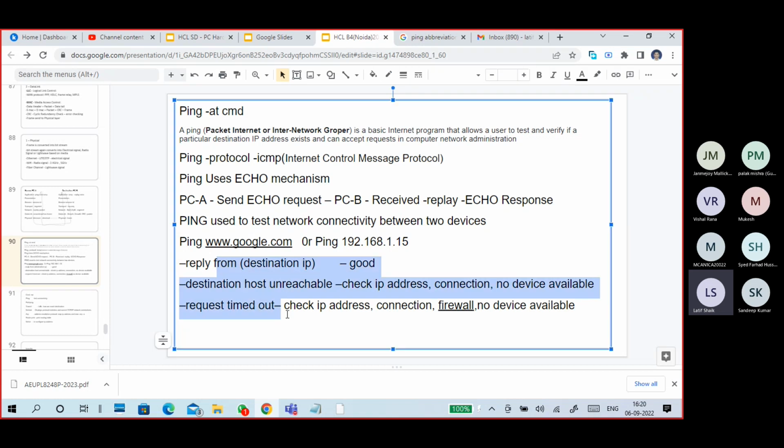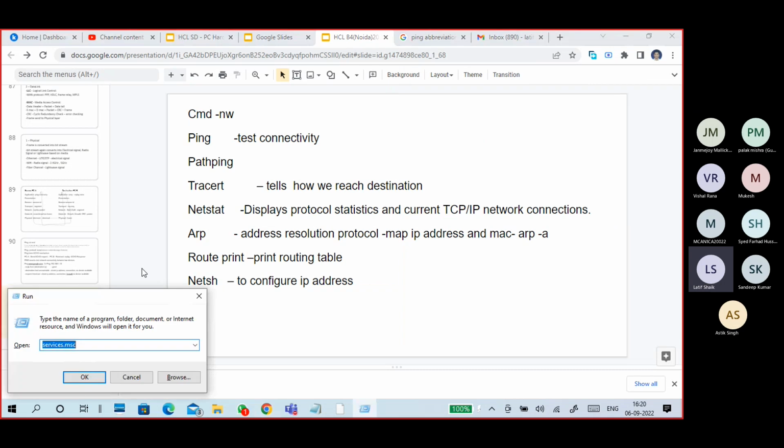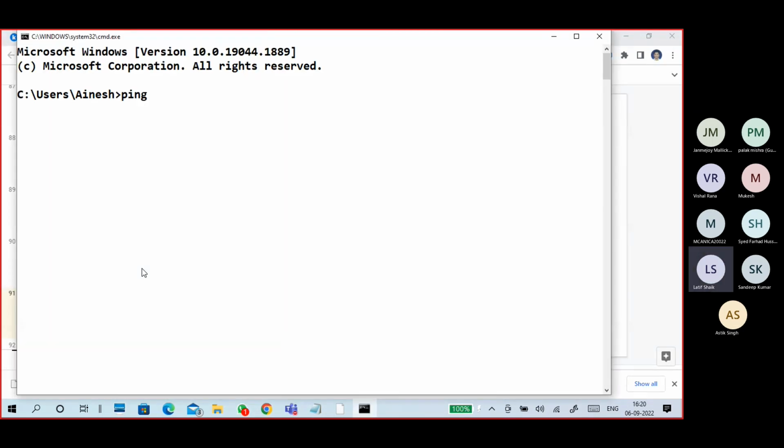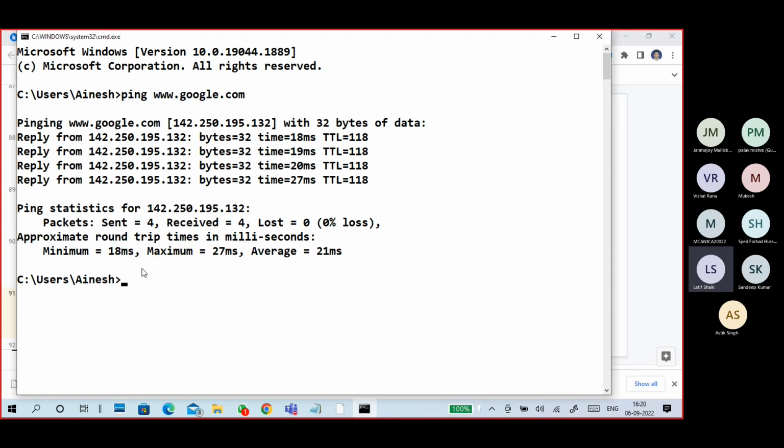What is important is the outcome we get. For example, I'm pinging to www.google.com. I'm getting a reply from google.com's IP address.